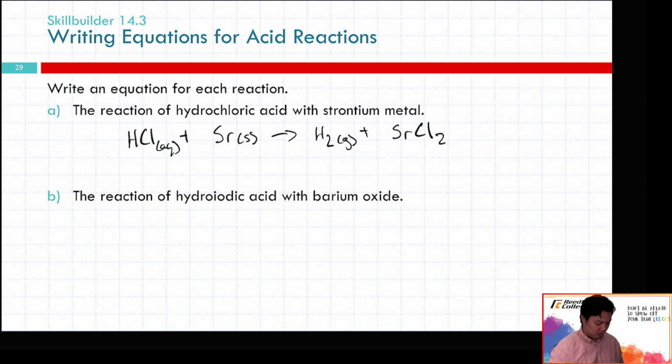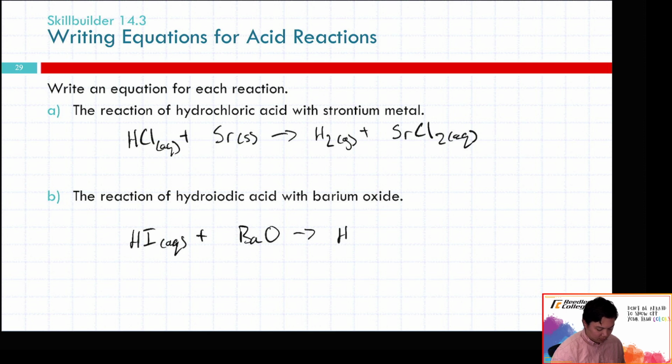Just like that. Now if we react hydroiodic acid, HI, aqueous, so then strontium chloride would be aqueous as well, plus barium oxide. So barium's a 2 plus, oxygen's a 2 minus. That's going to form H2O plus barium iodide.